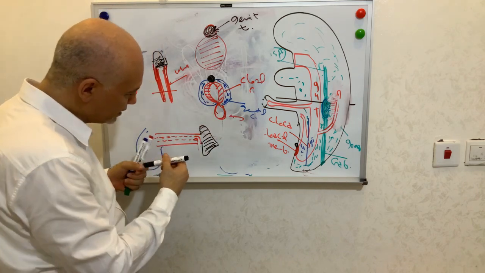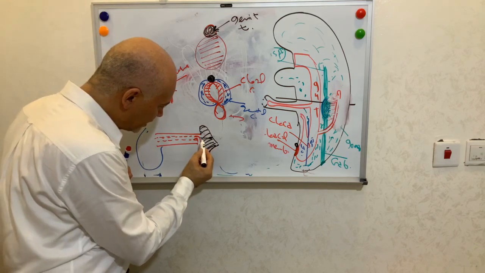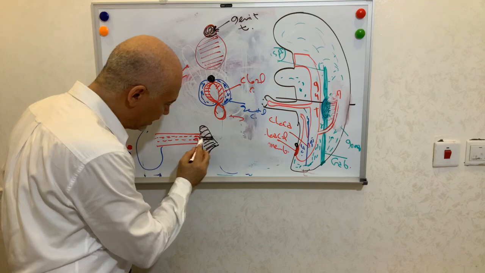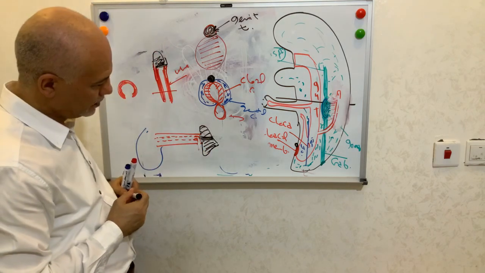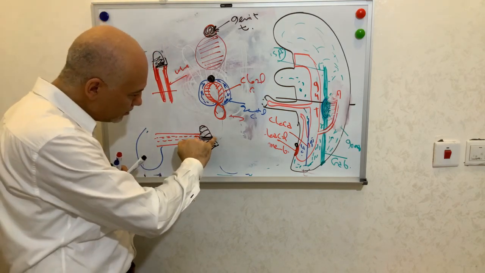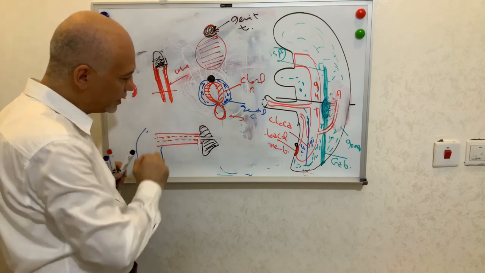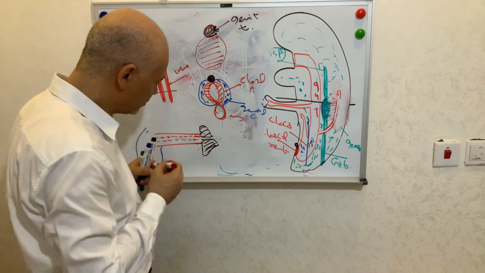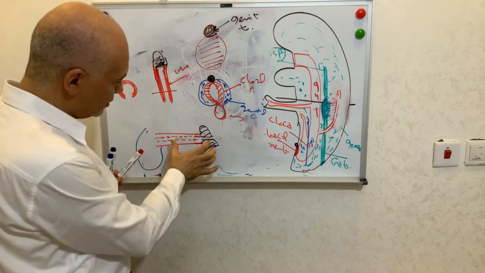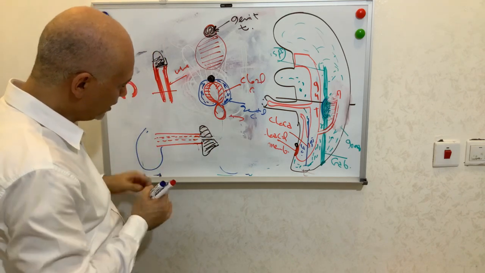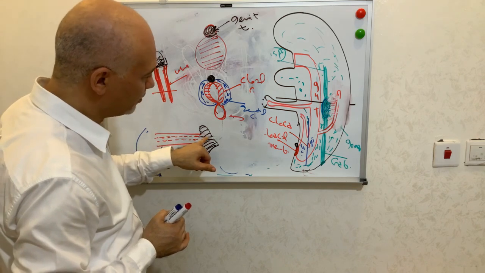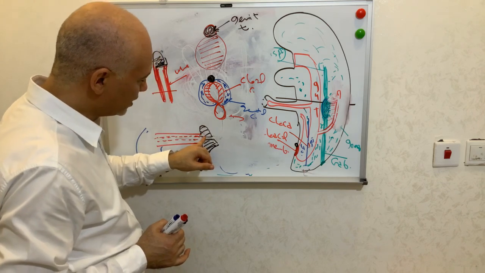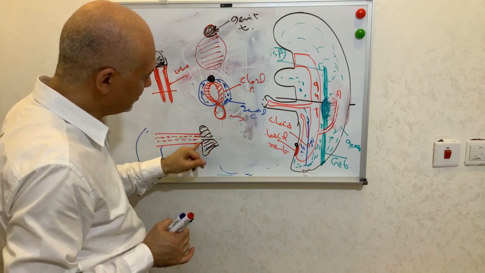Later on, in this area, a solid ectodermal cord forms here, and later on it will become canalized and open here, and the urethra closed from down. So the urethra is formed of two parts, endodermal part from urogenital sinus and ectodermal part from this tubercle.